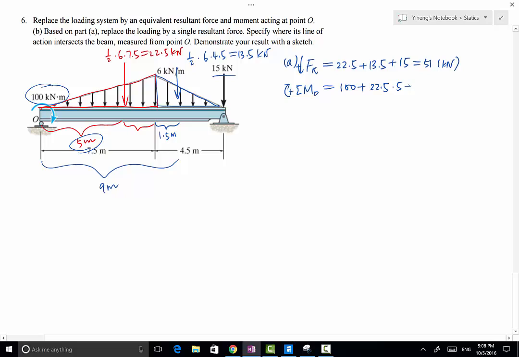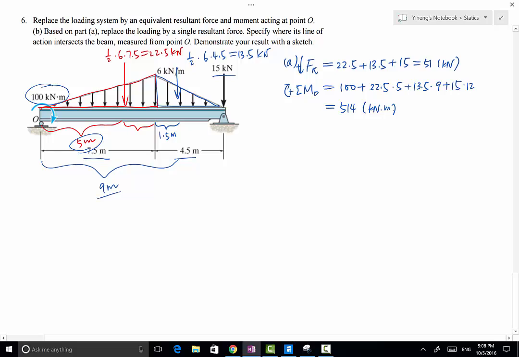The 13.5 kilonewton force has a moment arm of 9 meter. And lastly, don't forget the concentrated force of 15 kilonewton with a moment arm of 7.5 plus 4.5, and that is 12 meter. So in the end, this equals 514 in the unit of kilonewton meter.